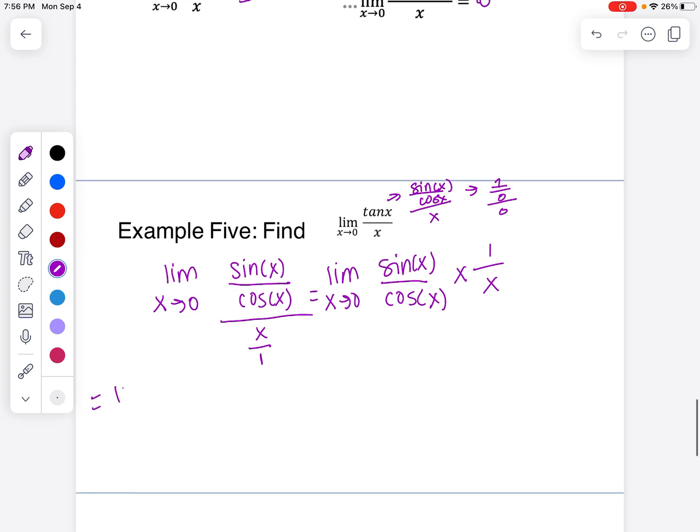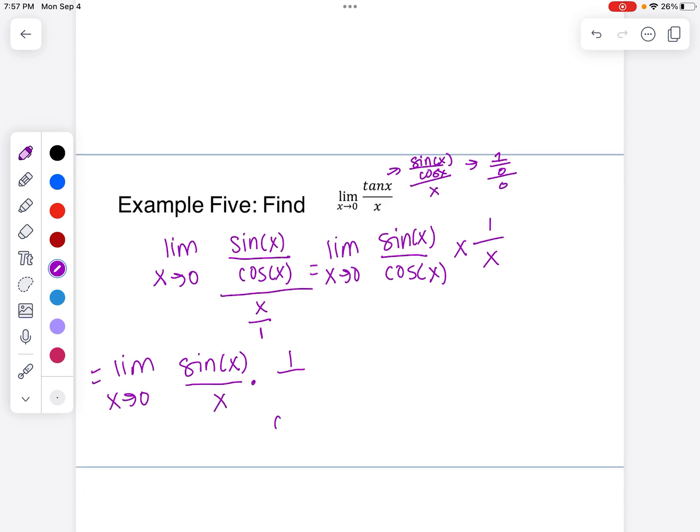And if you were to look at this, based on the commutative property of multiplication, I can move stuff around. So I'm going to change this to sine of x over x, and I'm going to basically switch the places of the x and the cosine. Based on some algebraic properties, we can take these two limits separately if we want to.